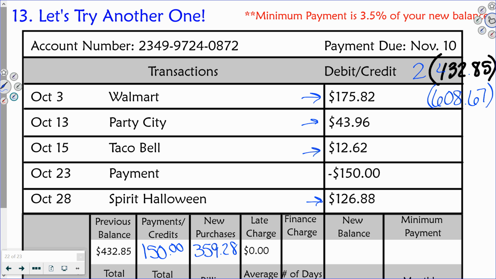The 13th it changed. So it's 10. All right, that's 10.